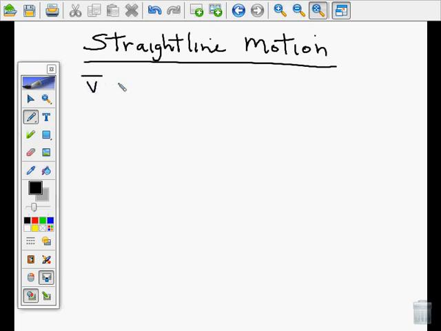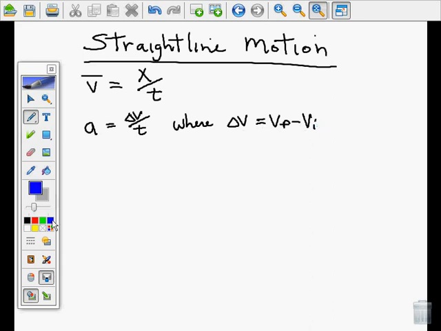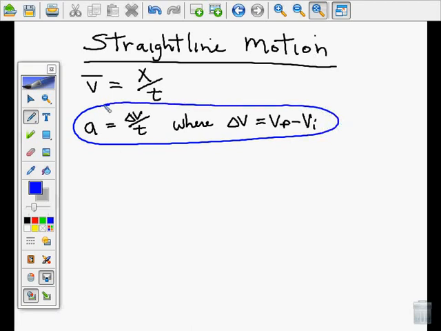And that is v bar equals x over t. a equals delta v over t, where delta v is equal to vf minus vi. A replacement for this, it's really the same formula. If you substitute that vf minus vi in for the delta v and then solve for vf, you get vf equals vi plus a times t.